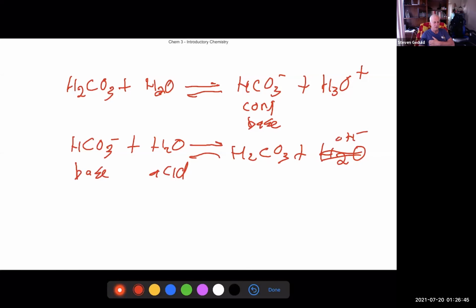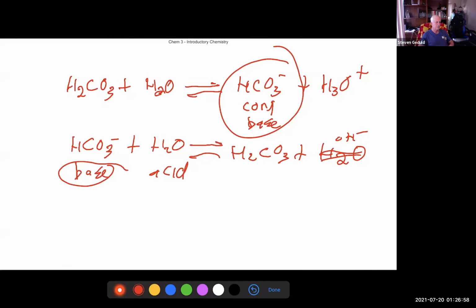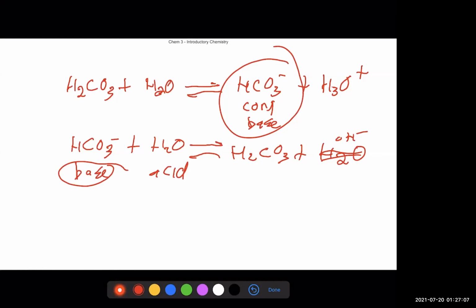So you can write the reactions in the reverse direction, showing your base or conjugate base. And those are reactions that occur in the body to buffer the solution, which we'll talk about in a little bit. Everybody understand the difference between conjugate acids and conjugate bases, and acids and bases? Yeah. Okay, perfect.